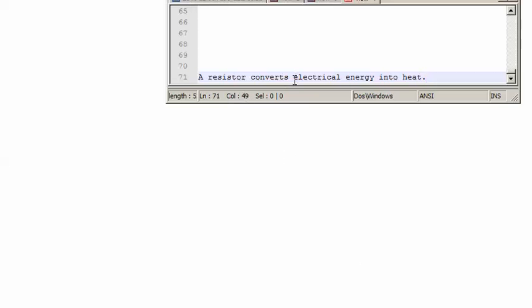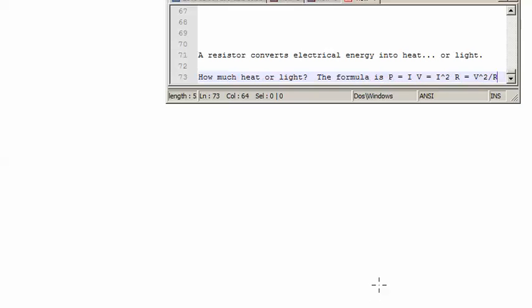But generally, what a resistor does, a resistor converts electrical energy into heat or light. How much heat or light? The formula, actually this is multiple formulas.